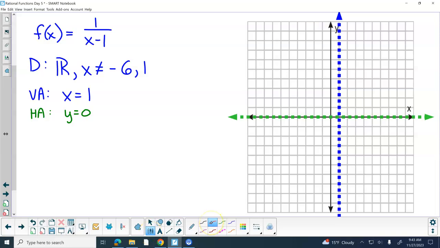My y-intercept is going to be 0, -1. If I plug in 0 for x, I get 1 over -1, which is -1. My x-intercept is none, because 1 cannot equal 0. With me on all of that so far?